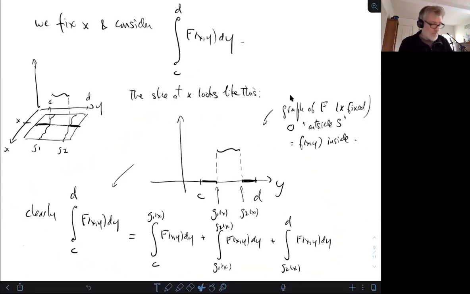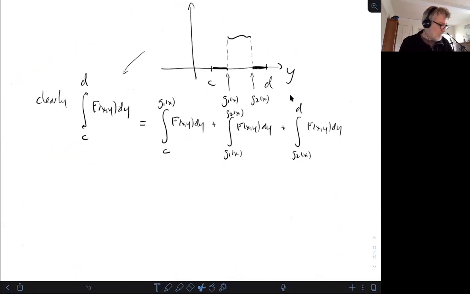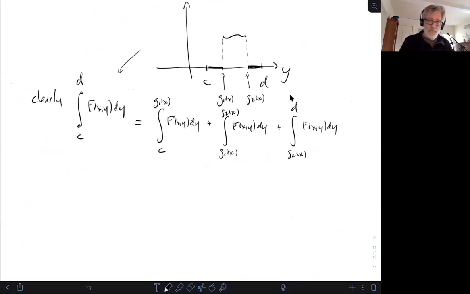Okay, so I'm going to recopy this on my next slide. And so now, what happens? So here, what is that integral? It's a big fat 0, right? Because big F is 0, and this is 0. This is also 0.